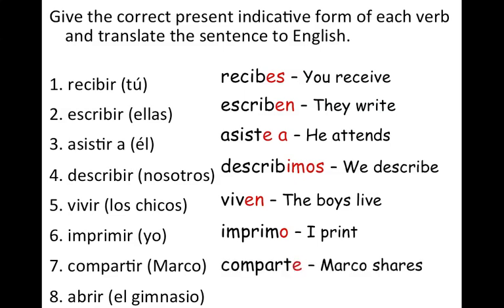Marco comparte los libros. He shares the books. Y finalmente, abre el gimnasio. How would you put the gym opens early? El gimnasio abre temprano. So the gym is third person singular, acts just like he, she, it.